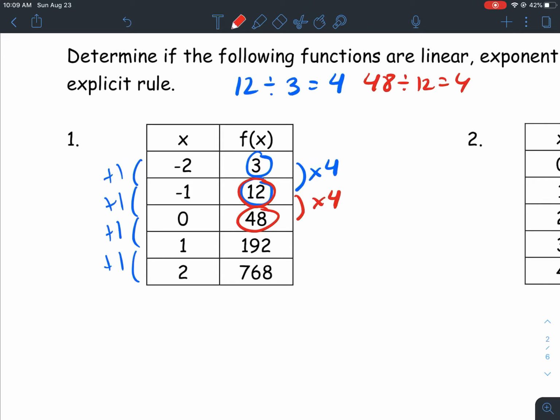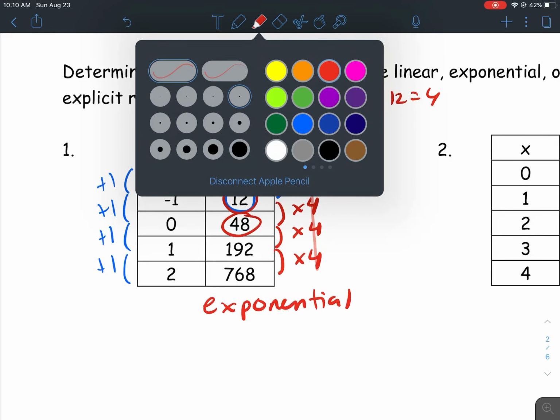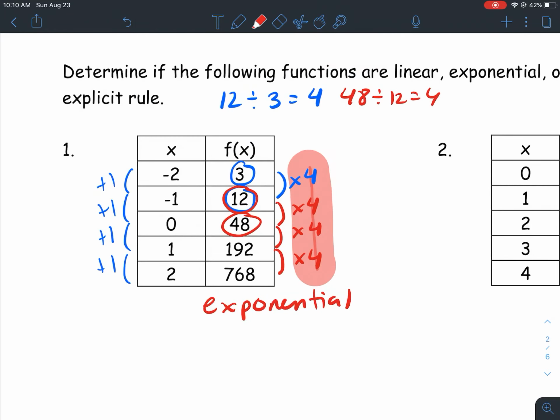If you went and tried the rest, you would notice that all of these are being multiplied by 4 between each term. Since it's multiplication, we know that this is going to be exponential. And these results tell us our common ratio. Our common ratio is going to be 4.